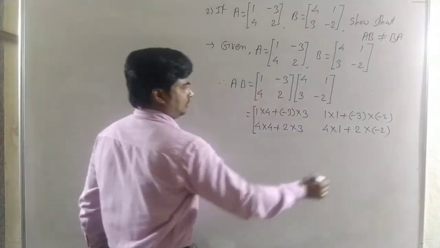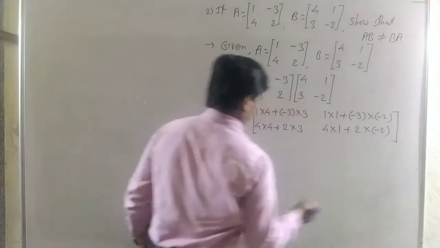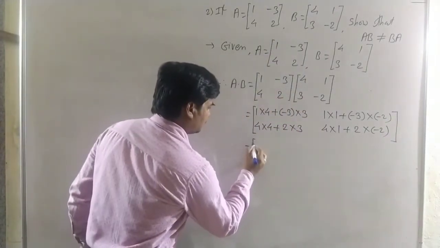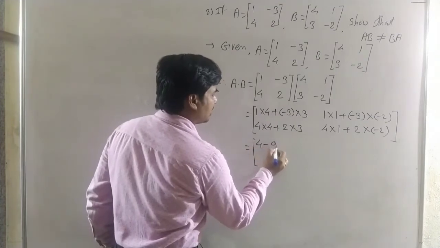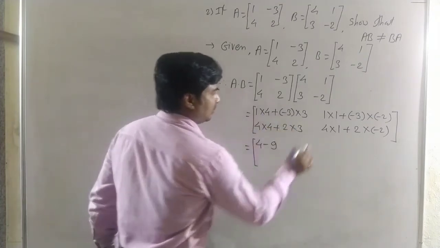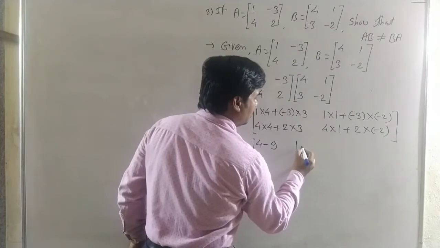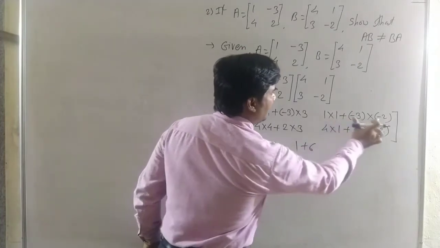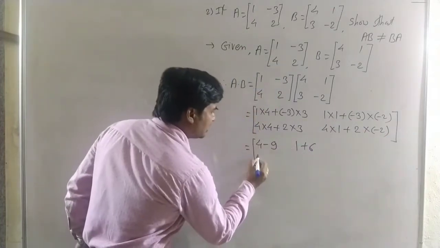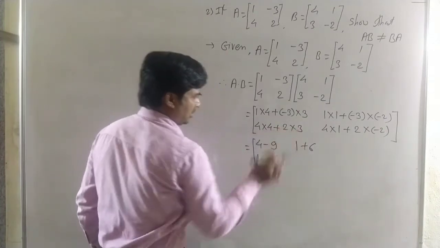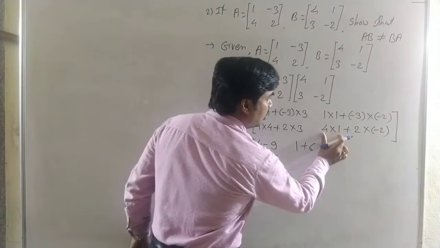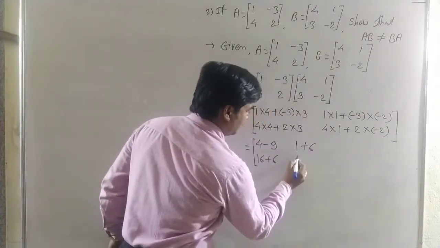Here, 4 minus 9, then 1 plus 6, then 16 plus 6, then 4 minus 4.